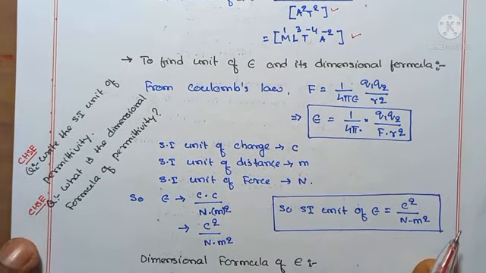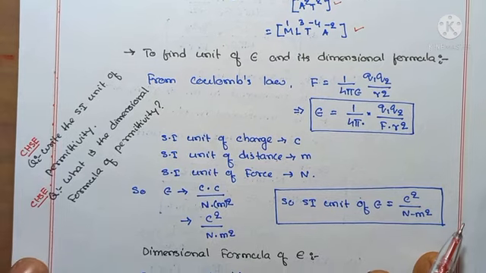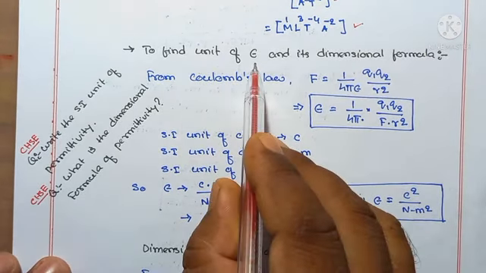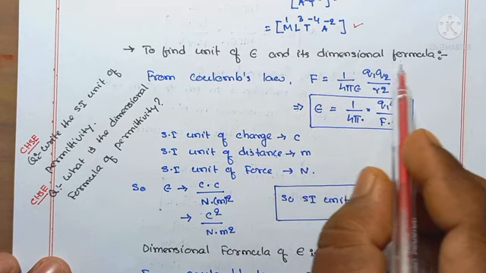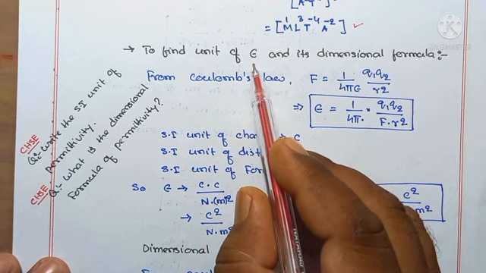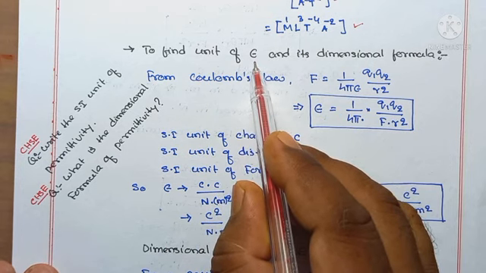Now we will find the unit of epsilon and its dimensional formula. What is epsilon? It is the permittivity of the medium.